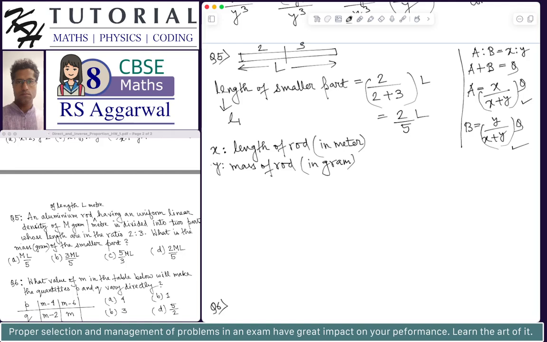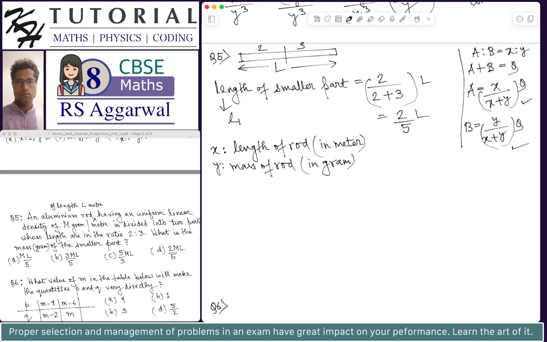So obviously these two are the quantities involved in this problem, and we can clearly see that these two quantities x and y are in direct variation, because the linear density is the same, which is given to be m gram per meter, which means that the more the length of the rod, the more the mass will be. Now, if the rod was not having uniform density, then we could not say that the more the length of the rod is, the more the mass will be, because at the various positions of the rod, the mass could be different.